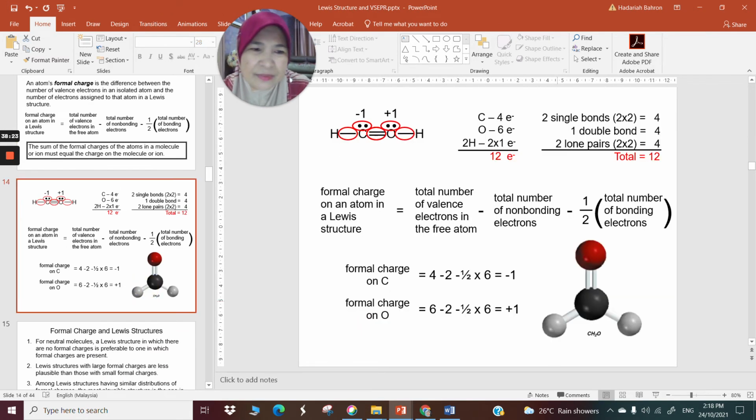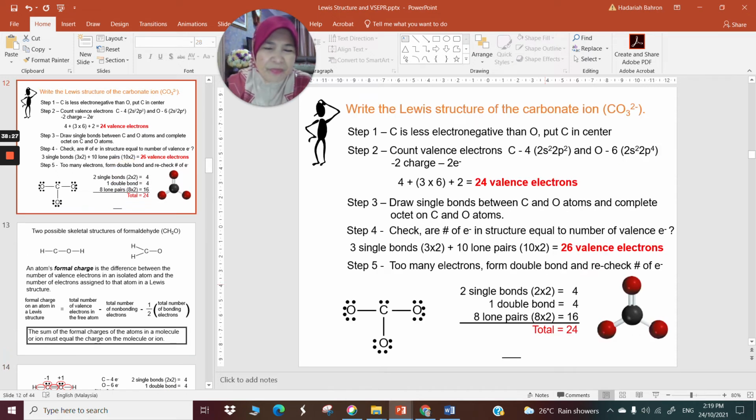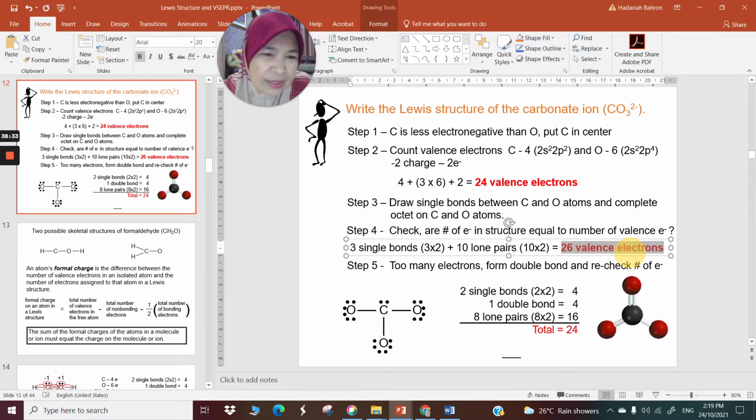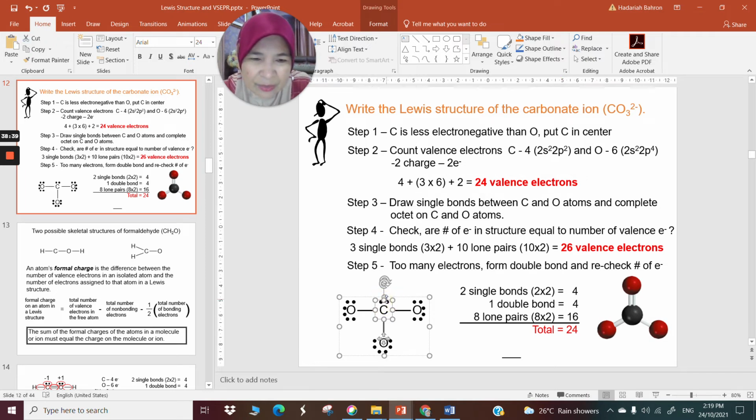How is that done? So you know that there are far too many electrons. You counted 26, but you need only 24, so you need to do something. So you collapse that electron at the top.